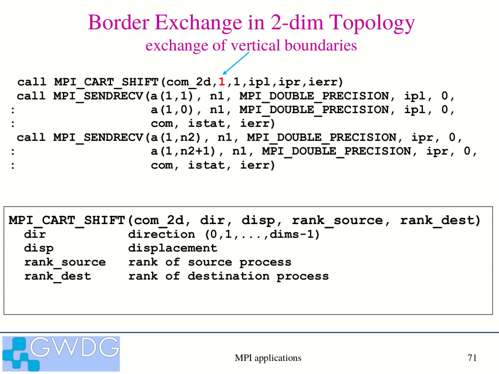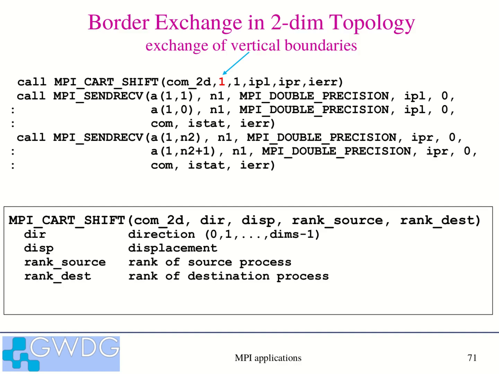It will give me the neighbors of my processor in the vertical and horizontal direction. The direction is indicated by this number: 0 is horizontal, 1 is vertical in 2 dimensions.